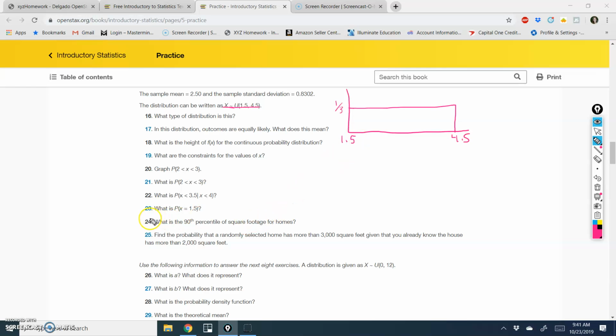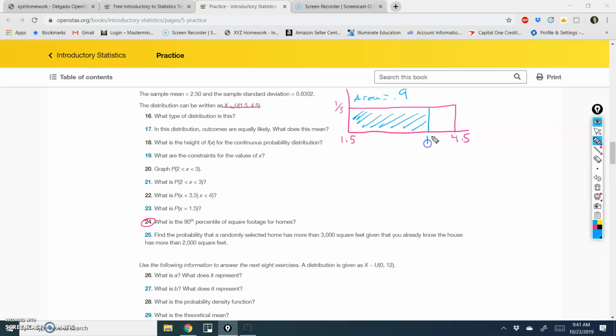So what is number 24 asking? Number 24 is saying, where would I need to stop on this block? Where would I need to put an endpoint such that when I fill in this area, my area of blue equals 0.9? That's what finding the 90th percentile is. It means what marker do I need here such that my area will become 0.9.